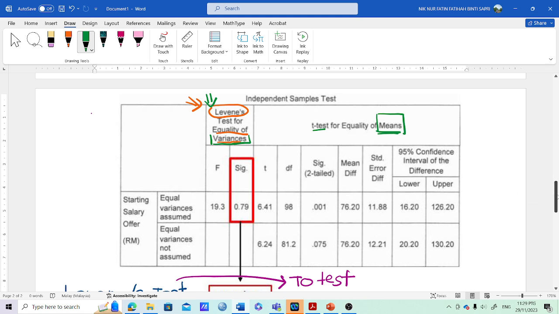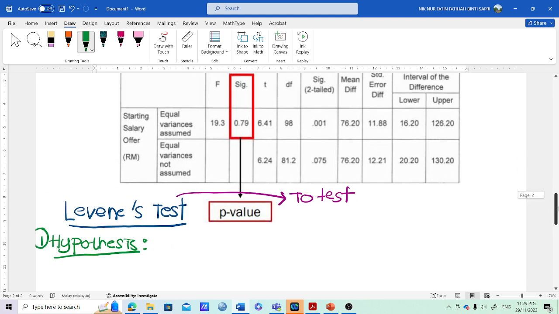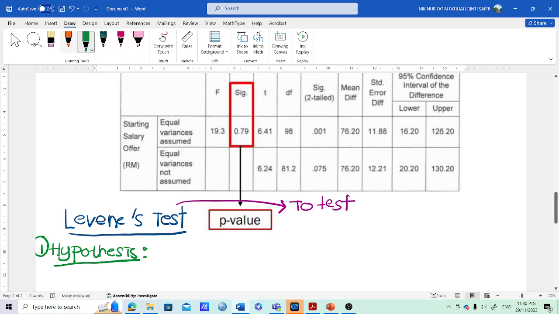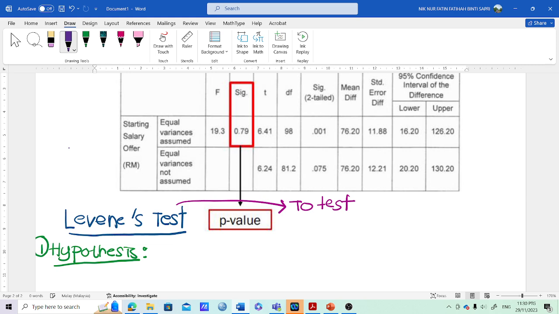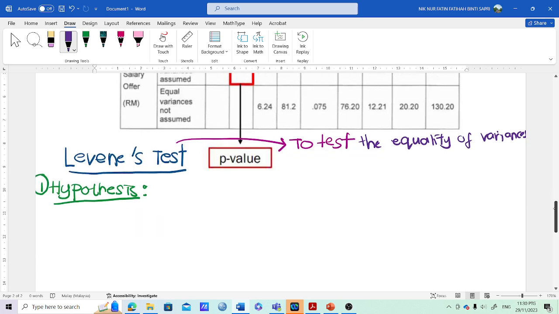Again, the Levene test is used to test the equality of variances. We start with the hypothesis.